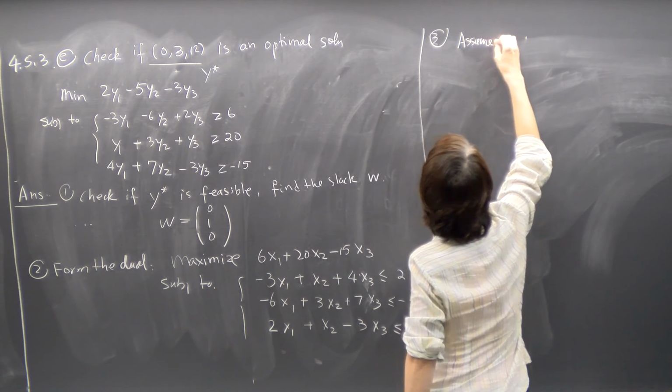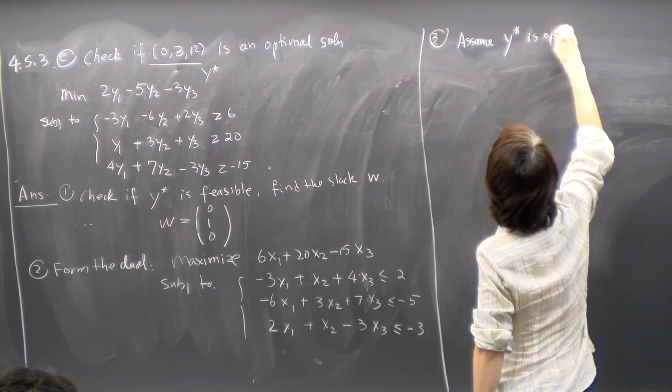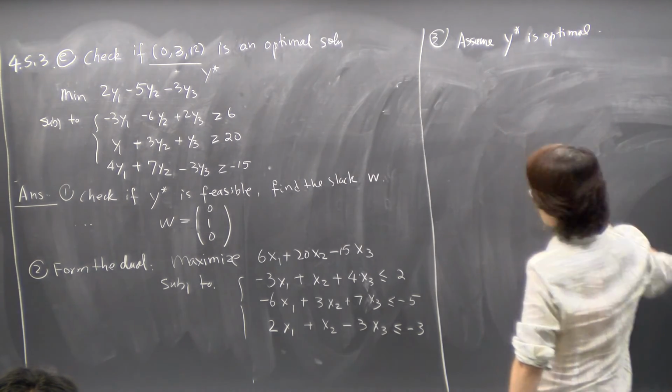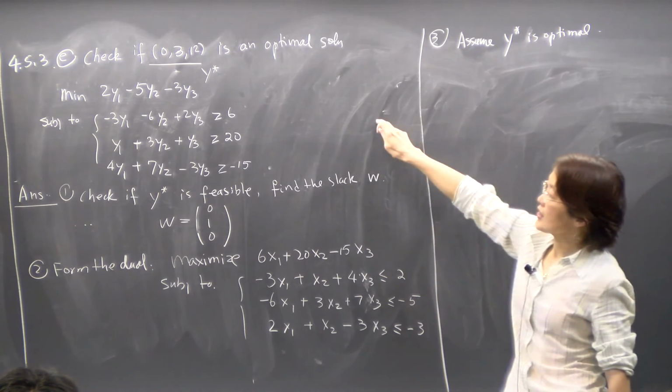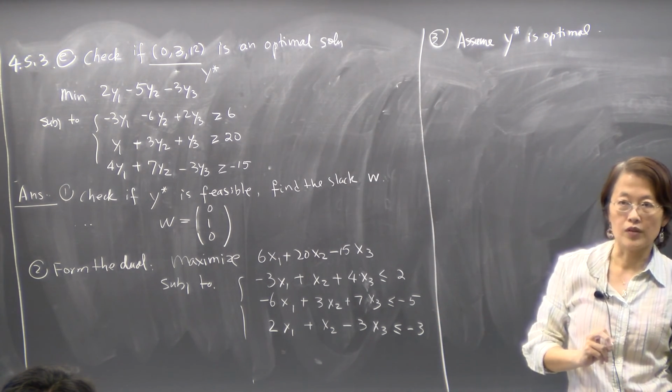Assume y star is optimal. Okay? So the first problem has an optimal solution, so the dual will have an optimal solution as well. Is that right?